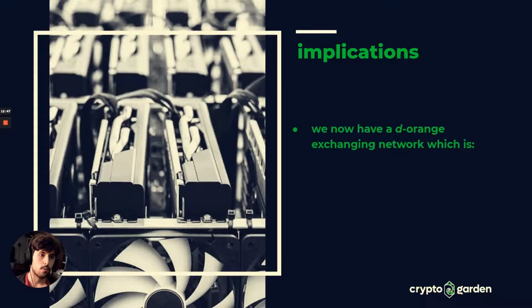Well, we now have a decentralized exchange network, because we don't have to trust a single person, right? It is very hard to tamper with because, to overcome our network, one would have to expend a lot of computational work trying to find those numbers.